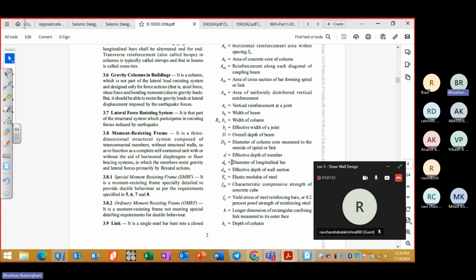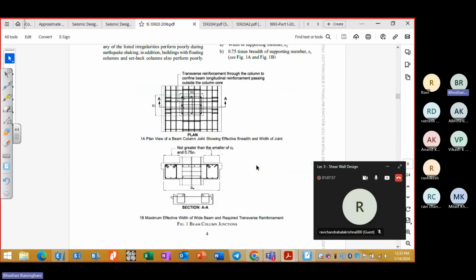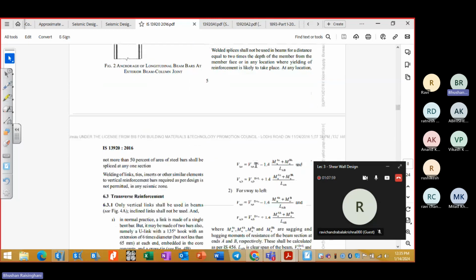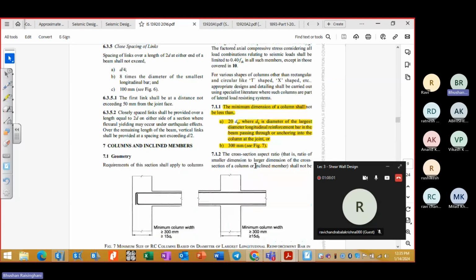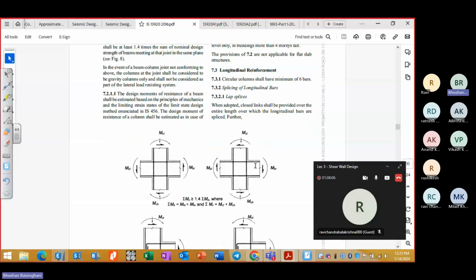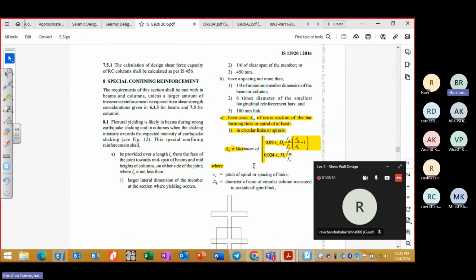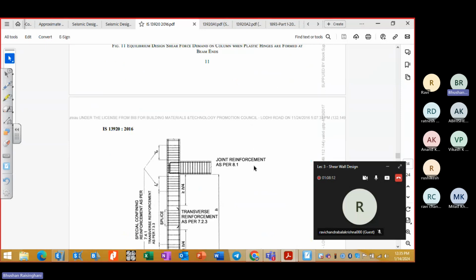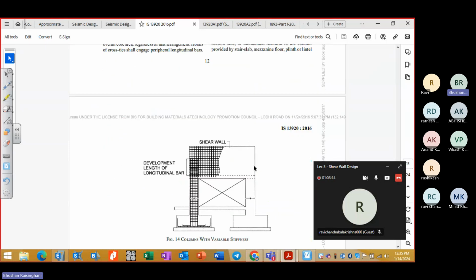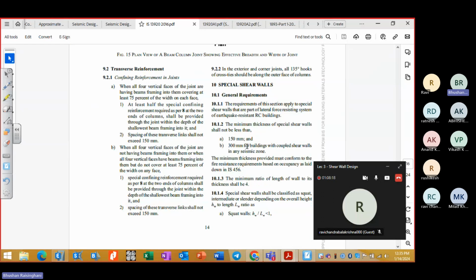So frame versus shear wall we have discussed. We will go to Section 10 of IS 13920:2016.